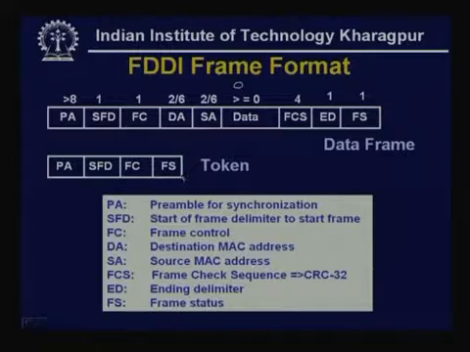And the token that is being used here has a preamble that is used for synchronization. There is an SFD, the start of frame delimiter, then frame control and frame status. So, as you can see, the token is much smaller compared to the data frame.